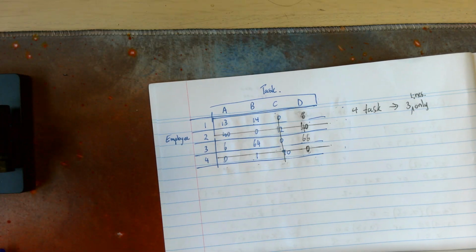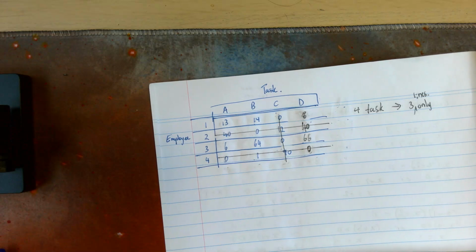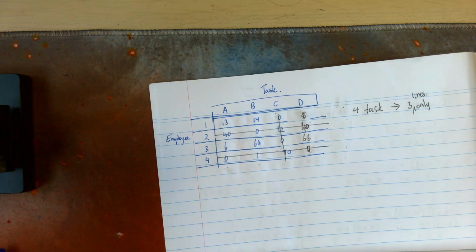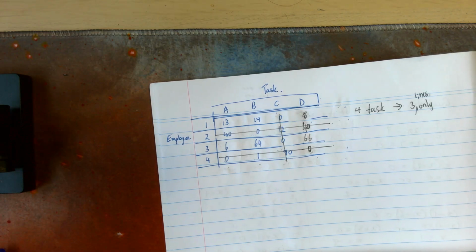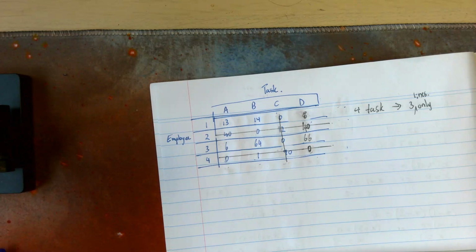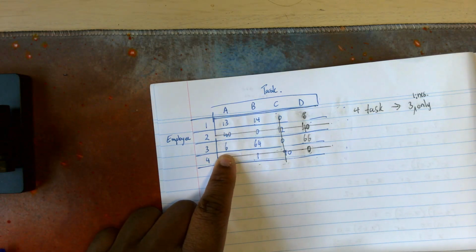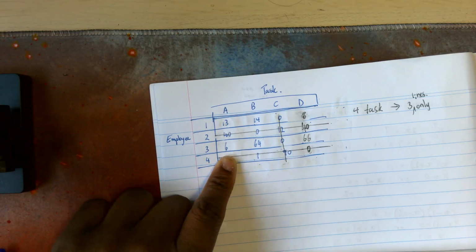Step 4 is find the smallest uncovered number, subtract this number from all uncovered elements, and add it to all elements that are covered twice. Okay, so smallest uncovered number is 6, which is there. So we're going to subtract 6 from all uncovered elements and add it to all elements that are covered twice.